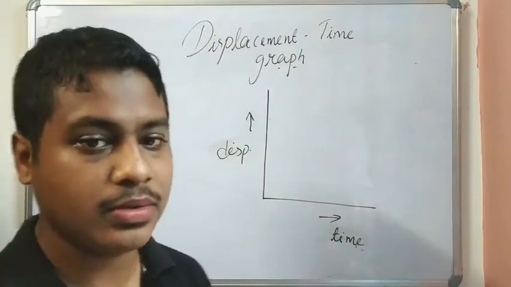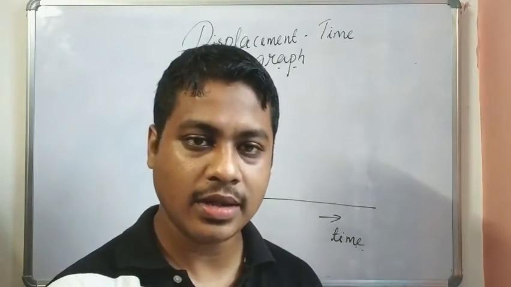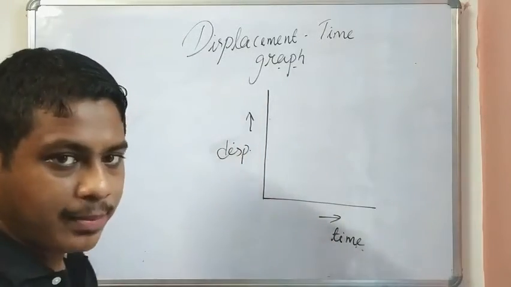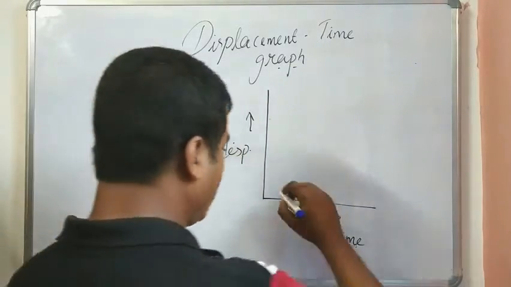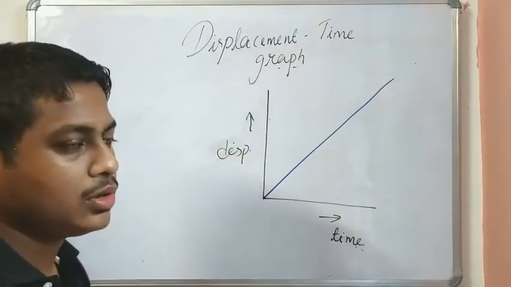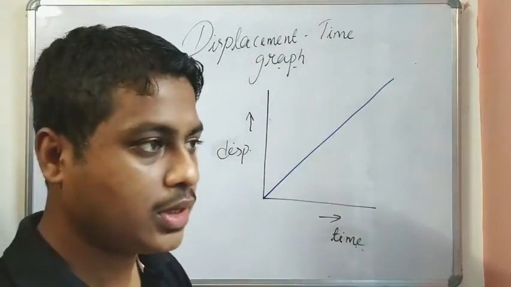The graph I'll be using here is only for uniform motion, equal distance in equal intervals of time. For uniform motion, your graph will be a straight line passing through the origin.